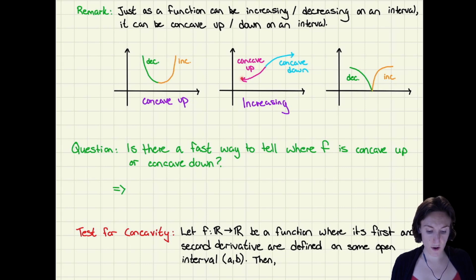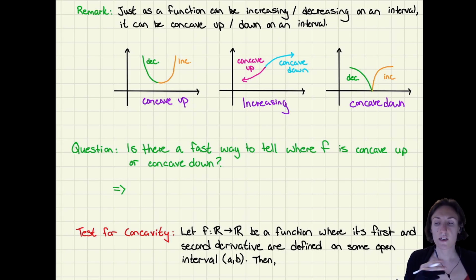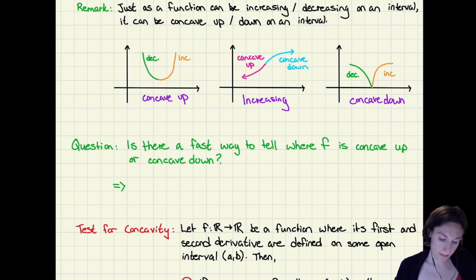So for the first part, it's more like a smiley face, and then we switch to a frowny face. So this part's concave up, this part's concave down. This last example here, this whole thing is concave down. We have a general sort of frowny shape where the first part is increasing, the other part is decreasing. Okay, so sometimes the whole interval has a certain concavity, sometimes it's split up.